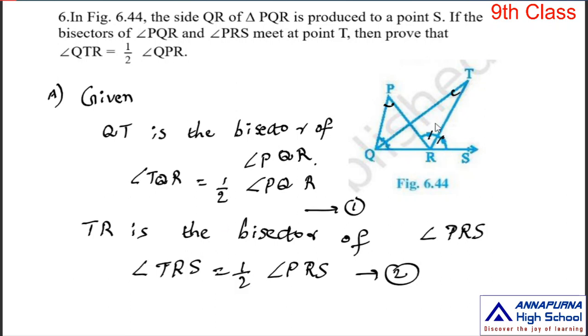See the figure. QTR is a triangle and TRS is an exterior angle. By using the exterior angle property, one exterior angle is equal to the sum of the two opposite interior angles.